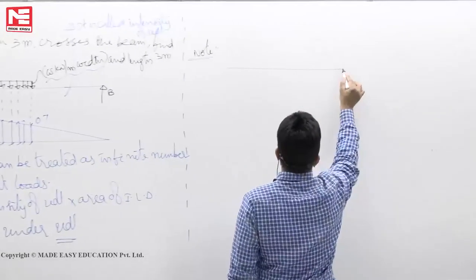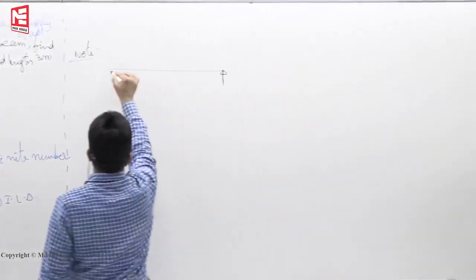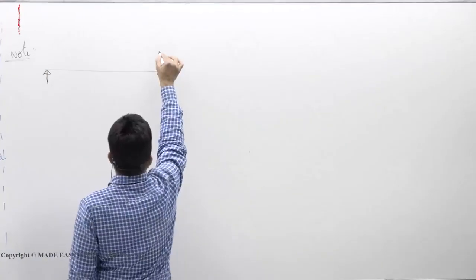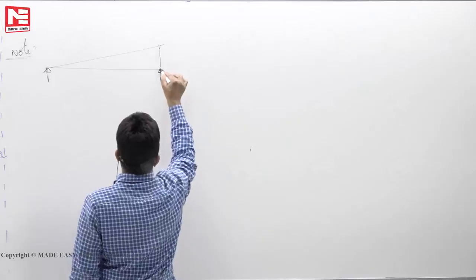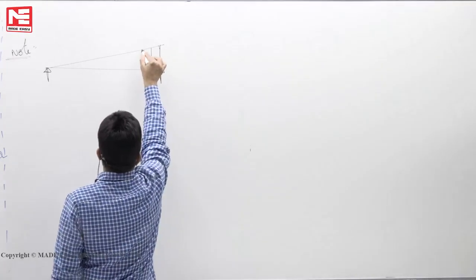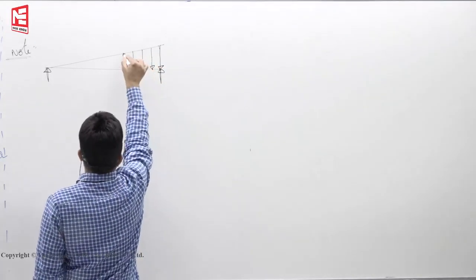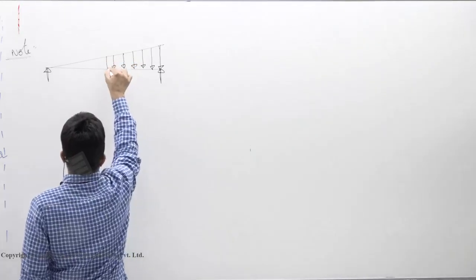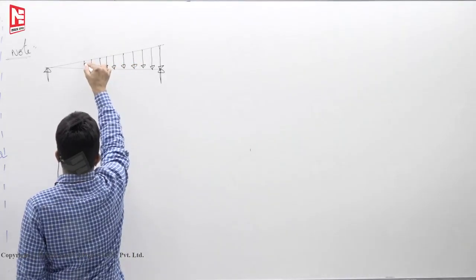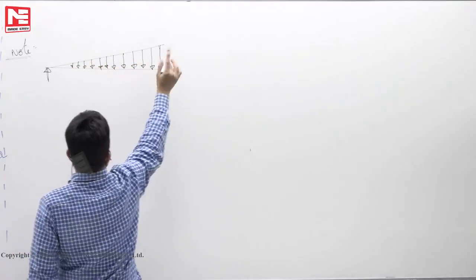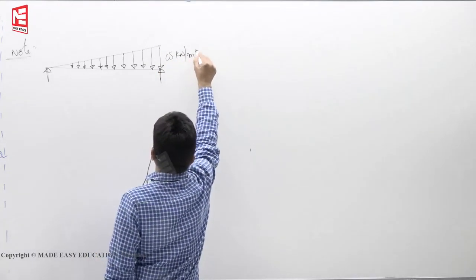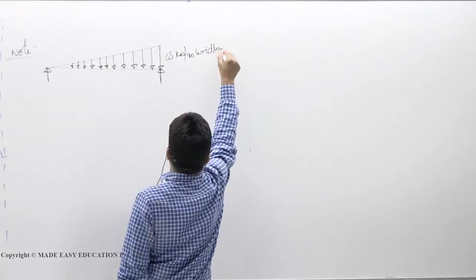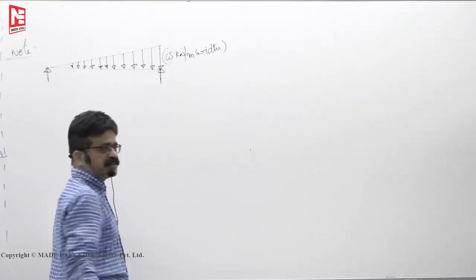If you have a uniformly varying load, let us assume, like this load is there. Now you see this is W kilonewtons per meter width. This is called intensity.